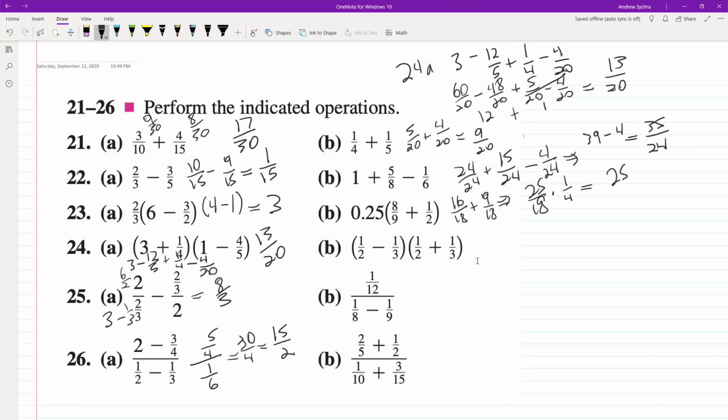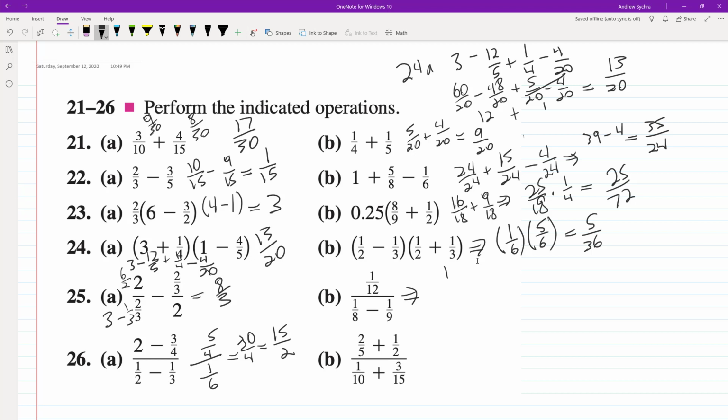So 25/72. We could FOIL these, or we can simplify them first and then multiply them together. So we can do that. So we end up with 1/6 times 5/6 gives us 5/36. Multiply the numerators and then multiply the denominators. Okay.